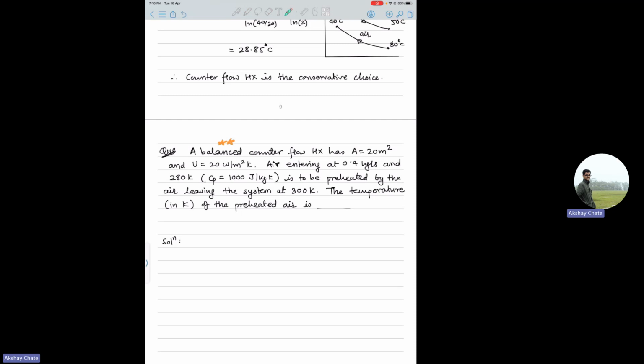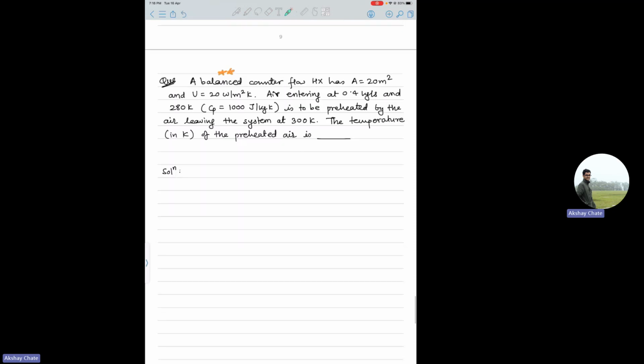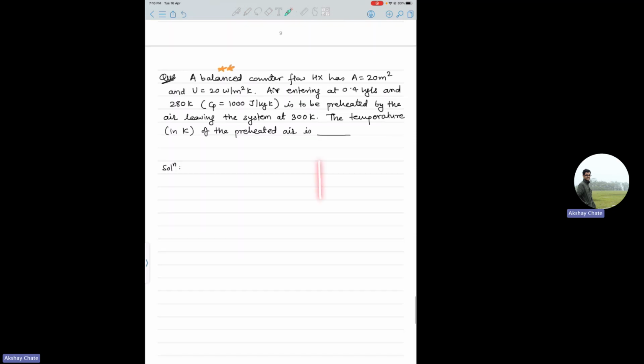Yeah, here two things are unknown. So maybe I'll draw the schematic first, because this is a little tricky problem. It's not straightforward.